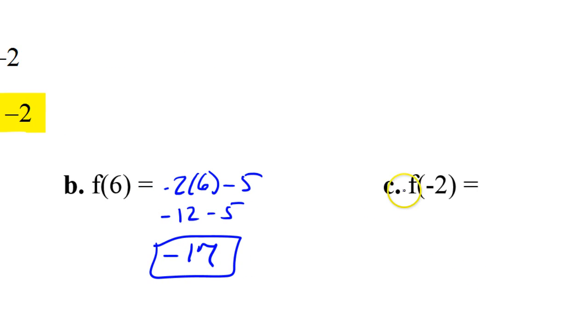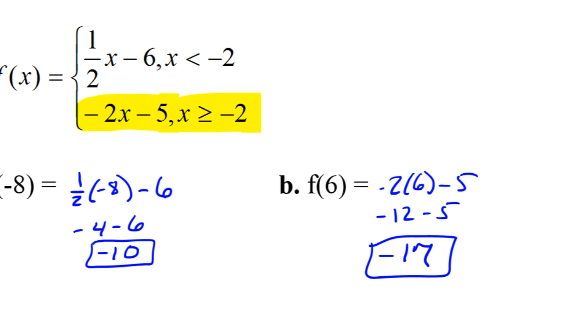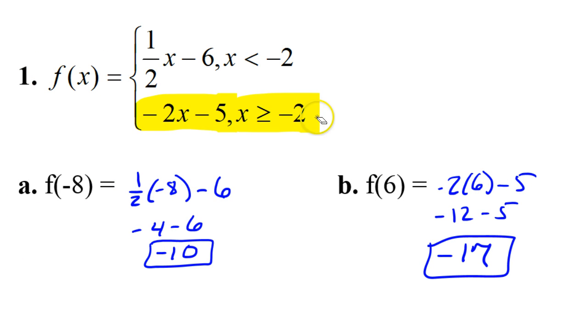And what about C? The value of the function at -2. Well, which domain is this going to be in? Is -2 less than -2, or is it greater than or equal to -2? Obviously, -2 is equal to -2, which puts us in this part of the domain, which means, once again, we will be using this part of the function.